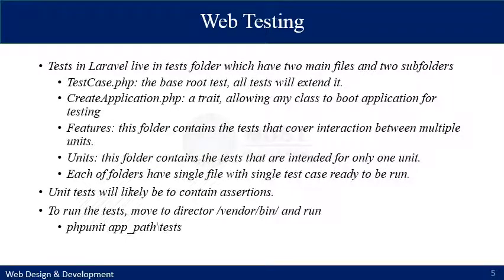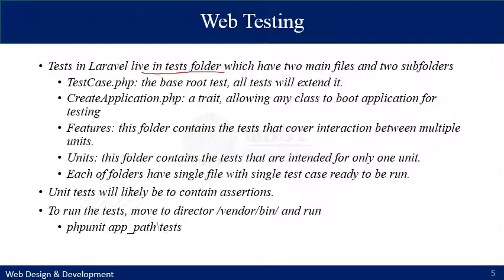Tests in Laravel live in the tests folder, which has two main files and two subfolders. The main file is TestCase.php, which is the base root test, and all tests will extend this file. The next file is CreatesApplication.php, and it is a trait.